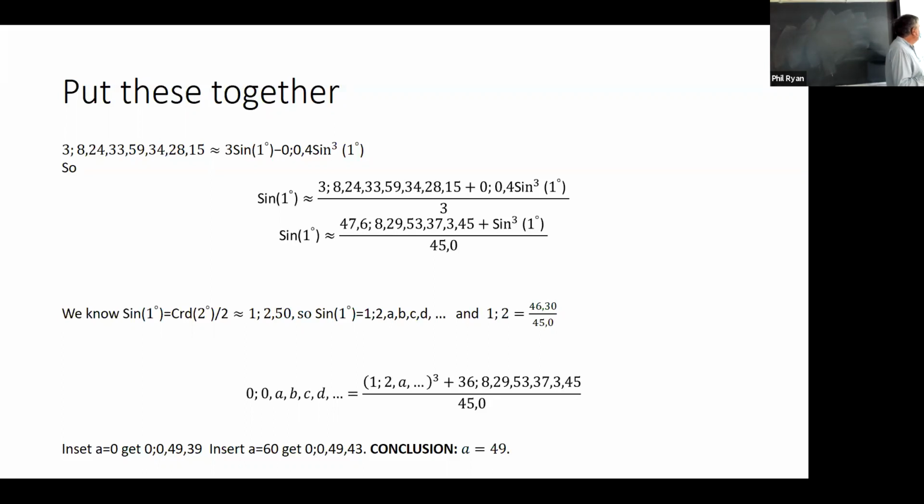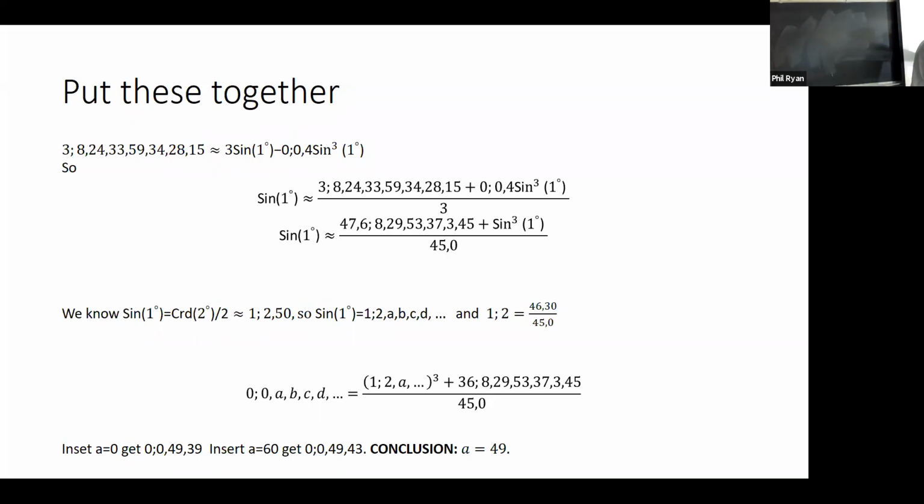So sine of 1 degree is 1/2 something. And this A here could be 50, it could be 49, depends how things round. Okay, so if sine of 1 degree is 1, 2, A, B, C, D, we're trying to find what these A, B, C, D are, right?